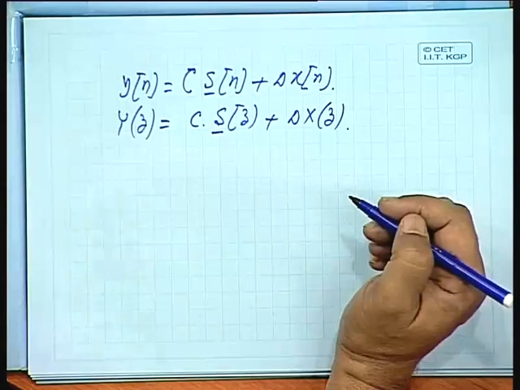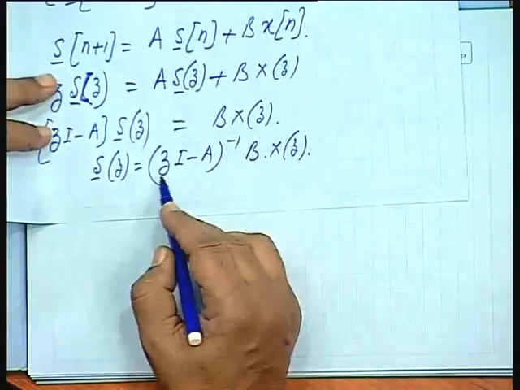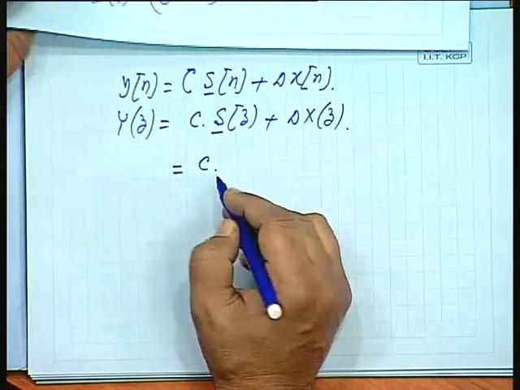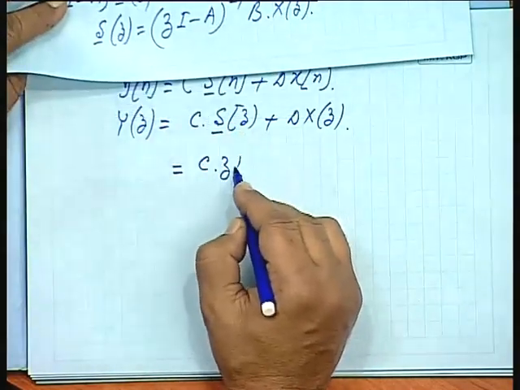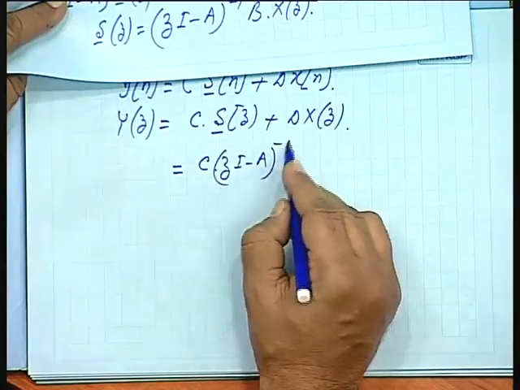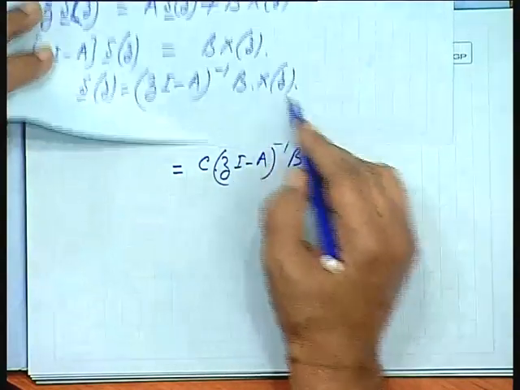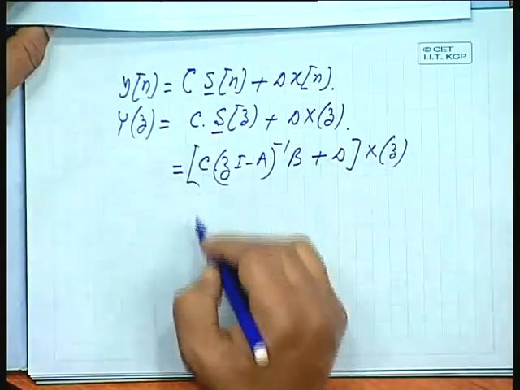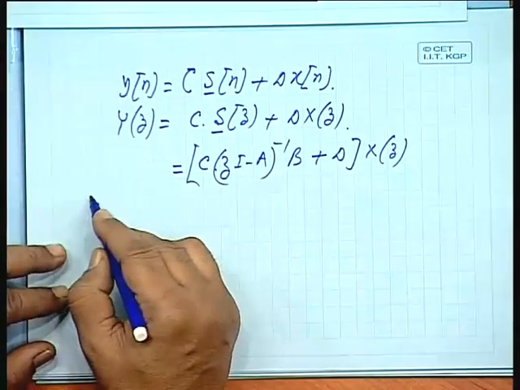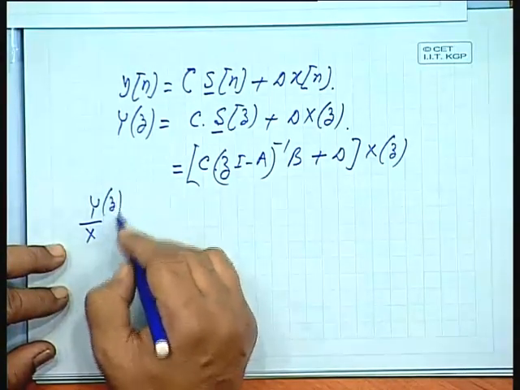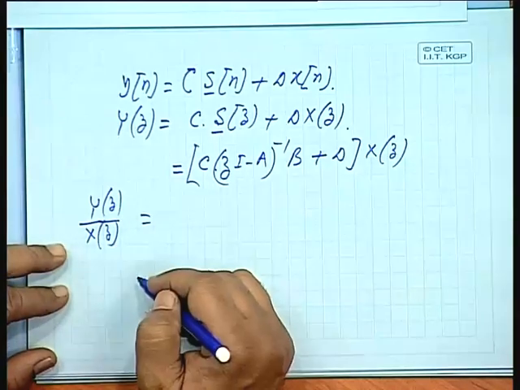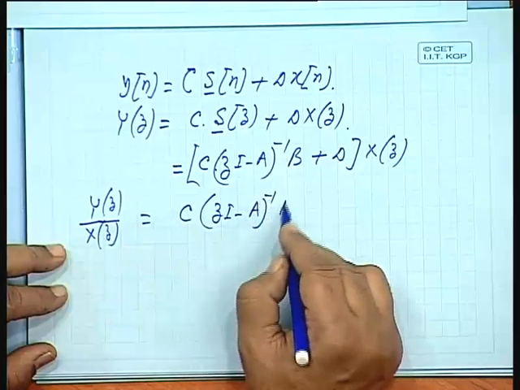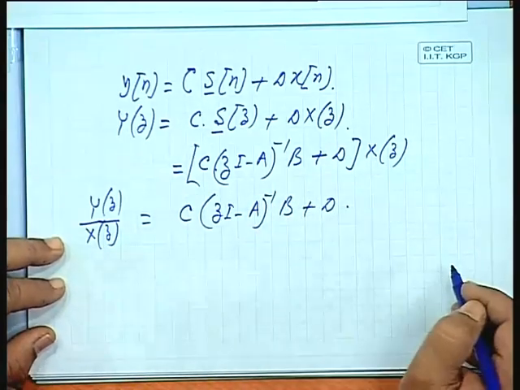And what is Sz? This much. So, if I substitute, C into (Zi minus A) inverse into B into Xz plus D into Xz. Therefore, Y by X in the z domain, this is a transfer function, is C into (Zi minus A) whole inverse B plus D.